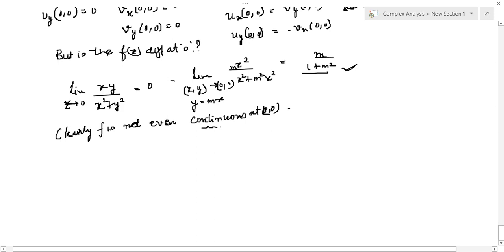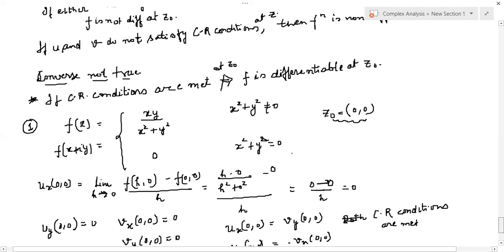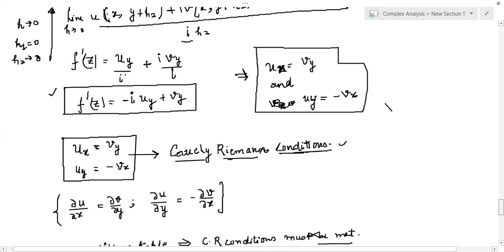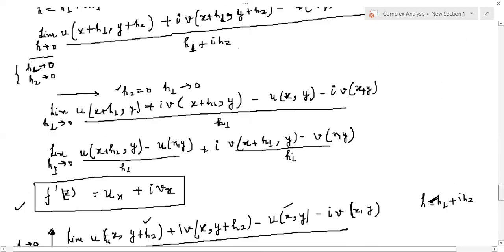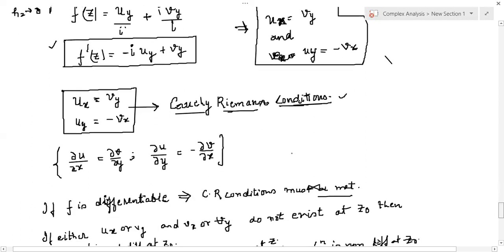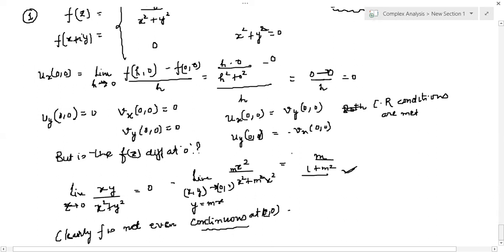So leave differentiability, it's not even continuous at 0 comma 0. Clearly it serves as an example that the converse of what we have derived does not hold. That is, if the function is differentiable, then Cauchy Riemann conditions are true, but if Cauchy Riemann conditions hold, it doesn't imply that the function is differentiable. So this is one of the examples which serves our purpose.